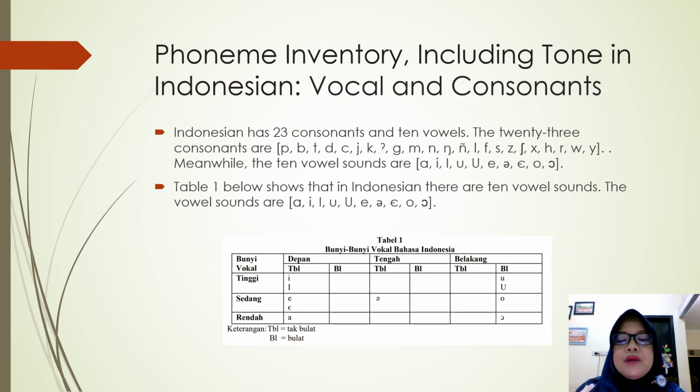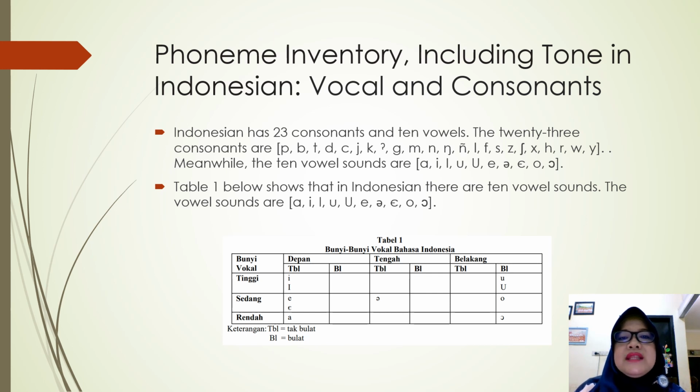For example, if viewed from the point of view of the shape of the lips when pronouncing them, the vowel sounds consist of 6 unrounded vowels and 4 rounded vowels.